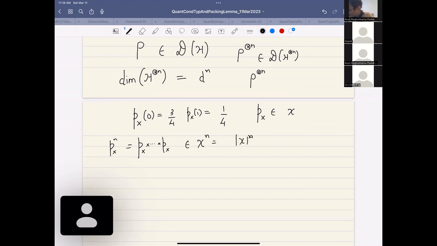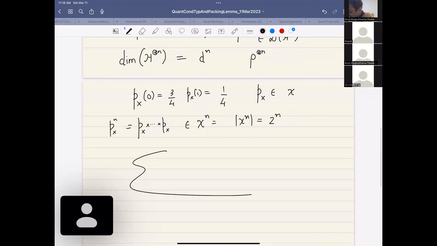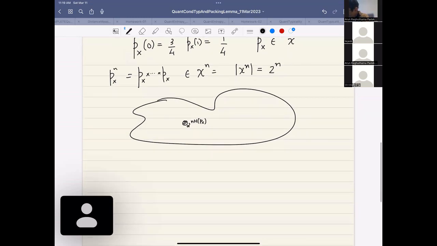But in this set of size 2 power n, really everything outside this very small set of size 2 power n H of px, px doesn't live outside this at all.